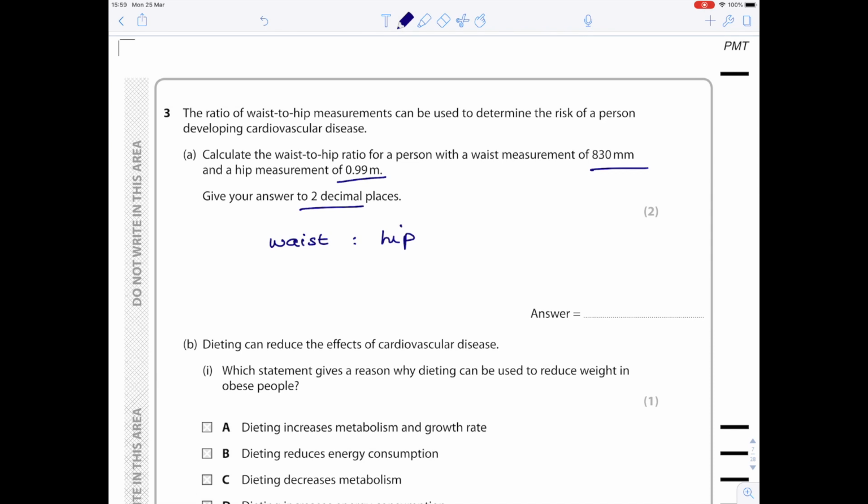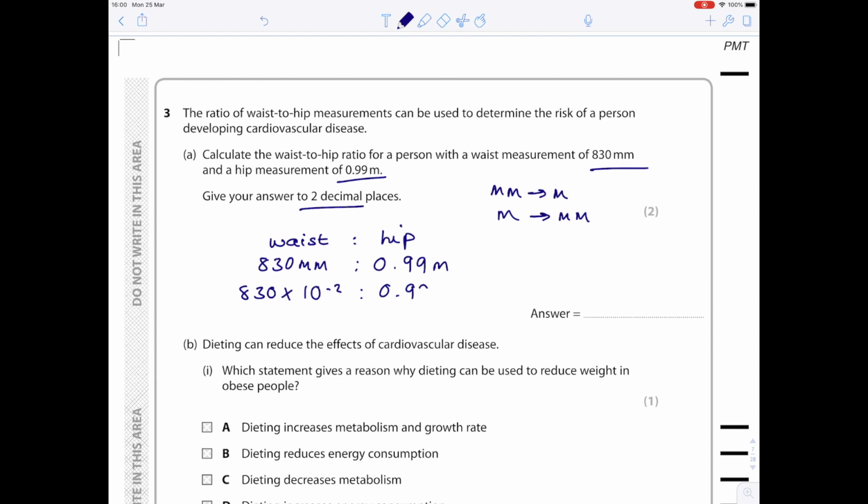So we know that the waist measurement is 830 millimetres. The hip is 0.99 metres, and you need these both to be in the same unit. It doesn't matter if you convert millimetres to metres or metres to millimetres, but make sure you're picking the same unit. So I'm going to convert 830 millimetres to metres, and the way in which I do that is by timesing by 10 to the minus 2.